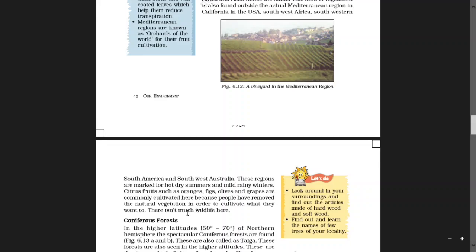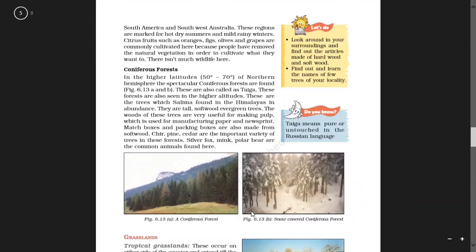There isn't much wildlife present in these areas.